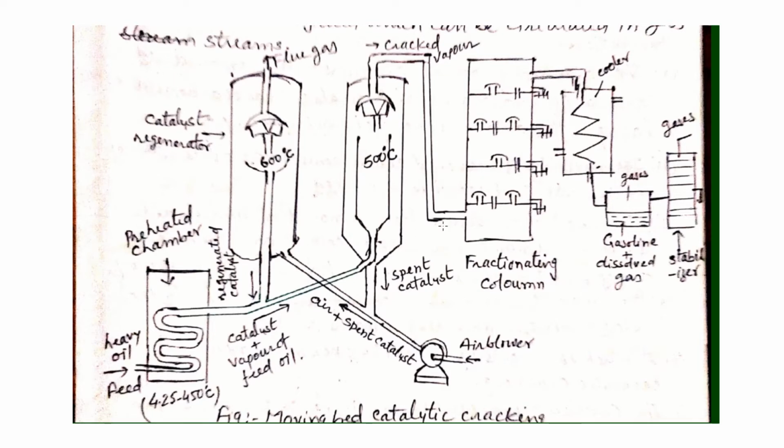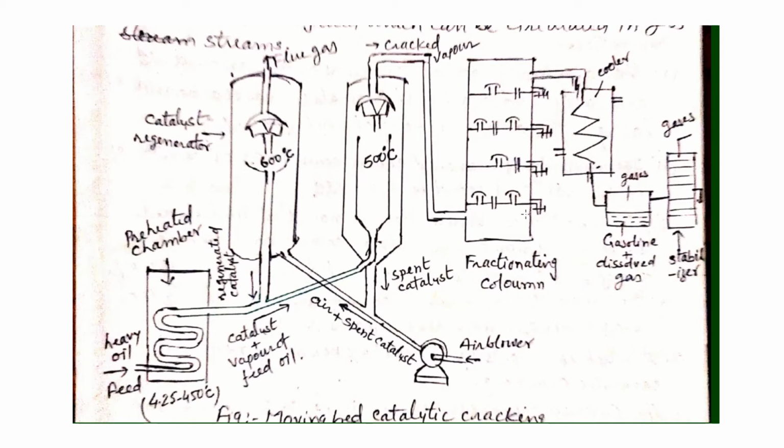From it they enter this fractionating column, and as we discussed previously, these columns are around 200 meters in height. As the vapors move upward, the temperature goes down.